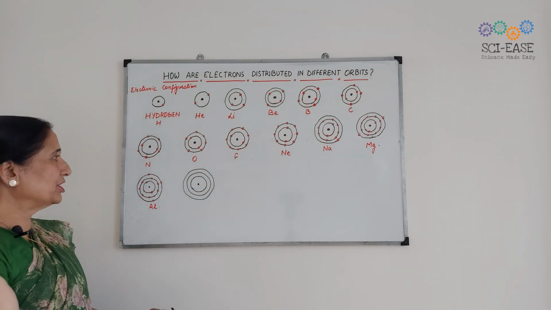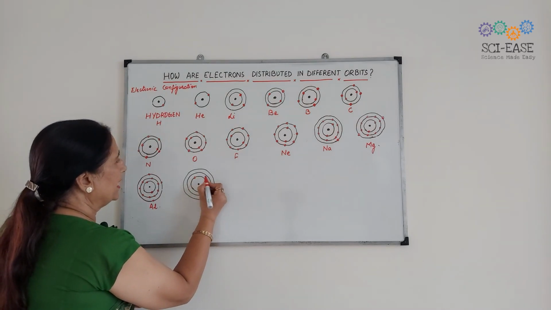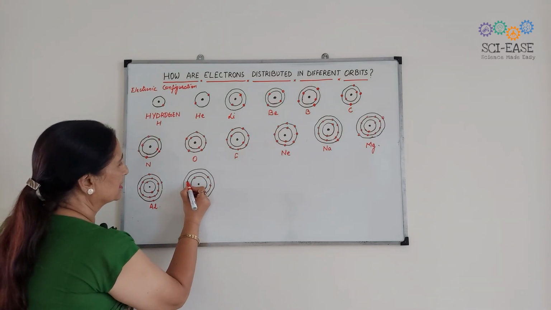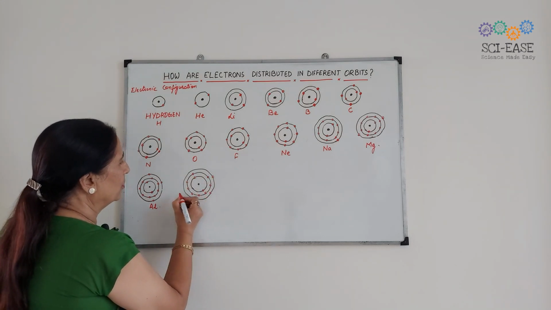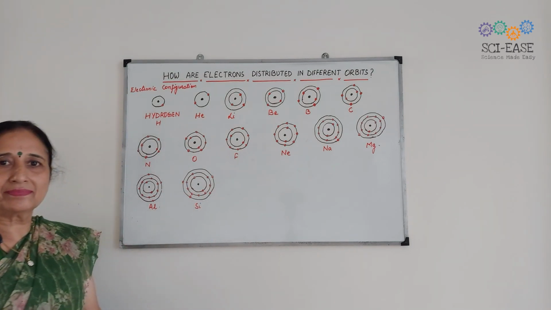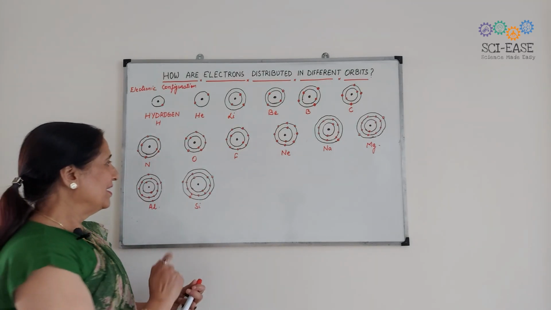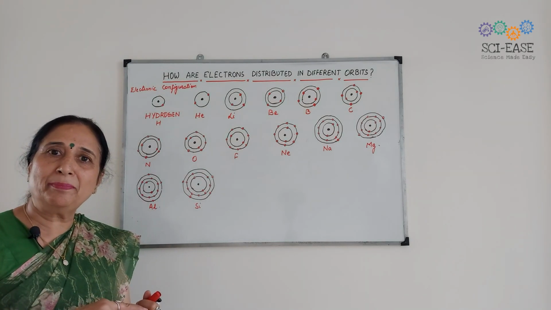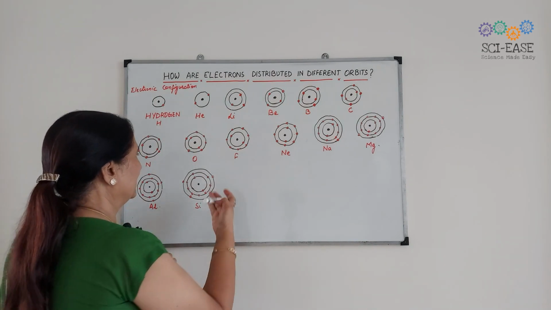So the electronic configuration is 2, 8, 4. This is silicon. Then next is phosphorus with atomic number 15. So the electronic configuration will be 2, 8, 5.